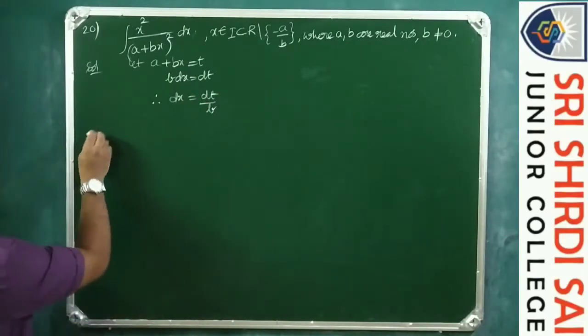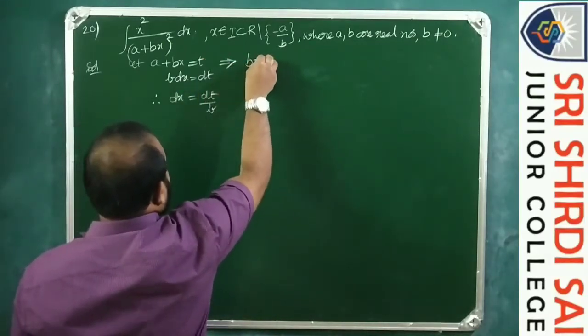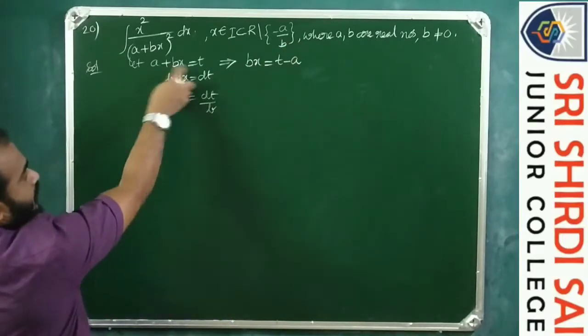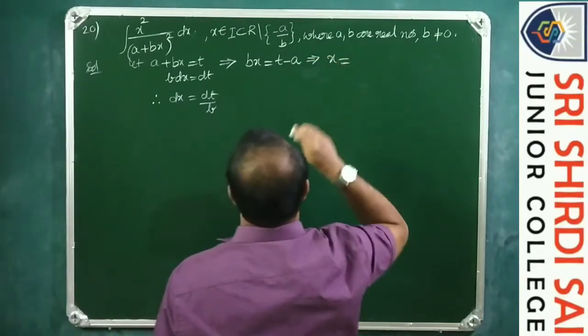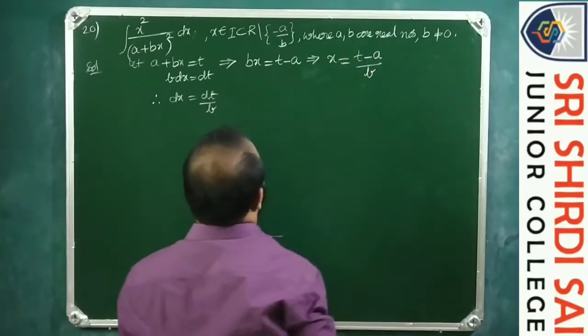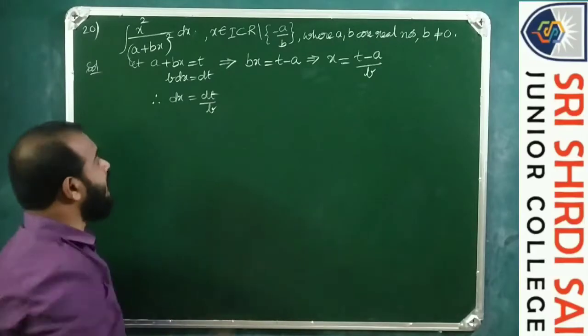From this, bx is equals to t minus a. From this, x is equals to t minus a by b.